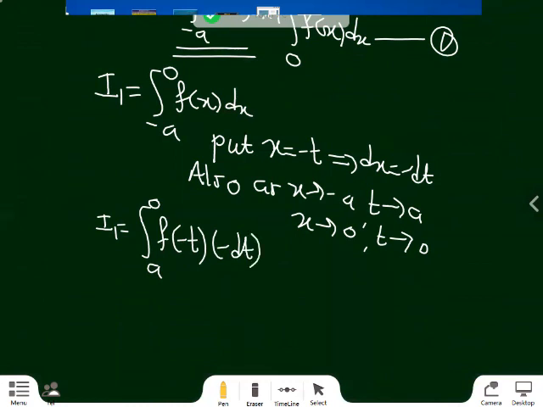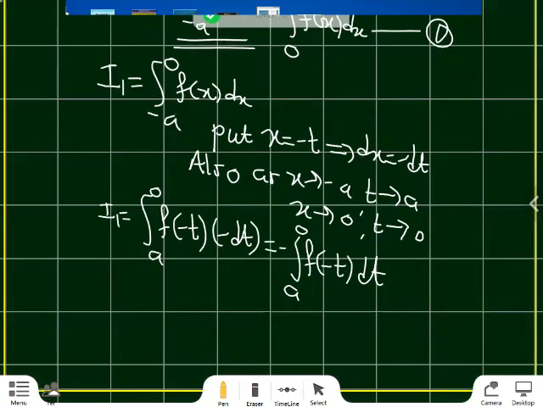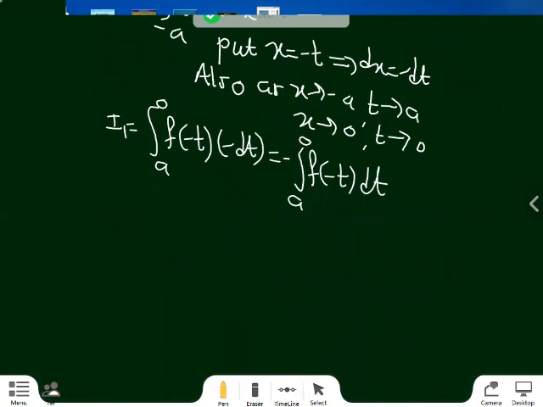Taking the negative sign outside the integral, it becomes minus times integration from a to 0 f of minus t dt. By using the property of the definite integral, we interchange the limits, so its sign changes.